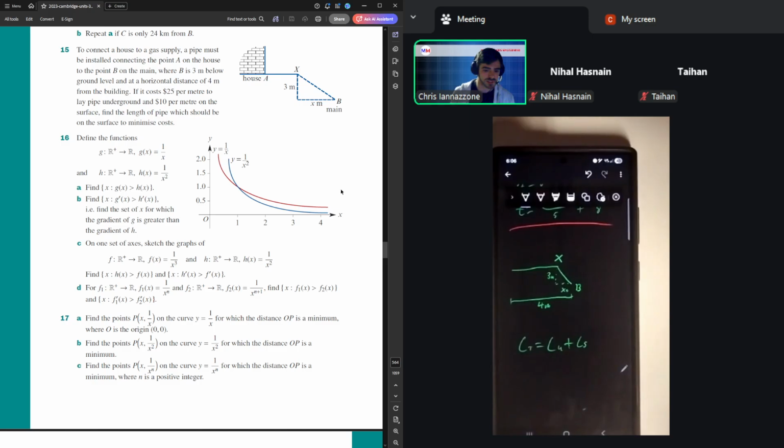That's just broadly speaking what our costs are going to end up being. Cost of one plus cost of the other. Cool. That breaks things down a little bit nicer, because rather than trying to think about costs in the holistic sense, we can now think of it in terms of how much is above ground, how much is below ground.